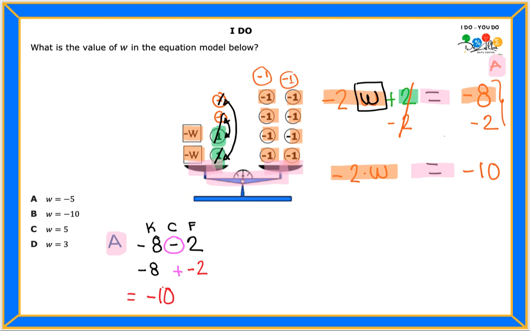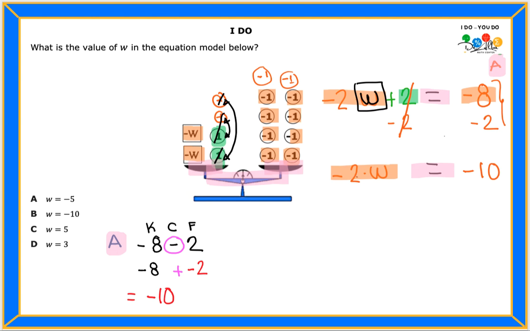Please don't think that negative 8 plus negative 2 is going to be a positive 10, because that is only for which two math operations? Multiplication and division, yes. But for addition and subtraction, it is different. Great. Okay, so now we have negative 2W is the same as negative 10.